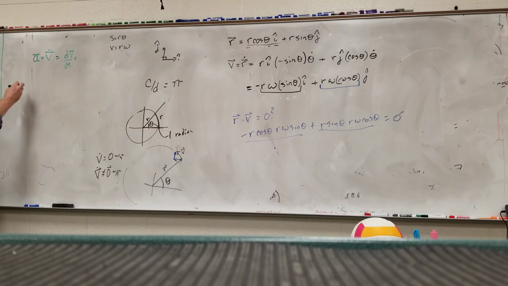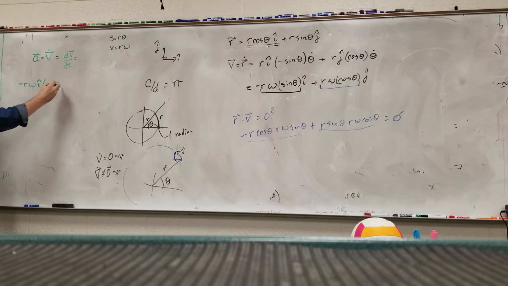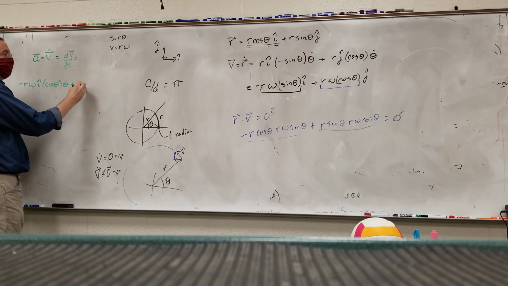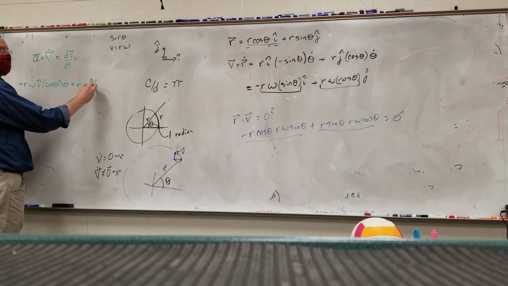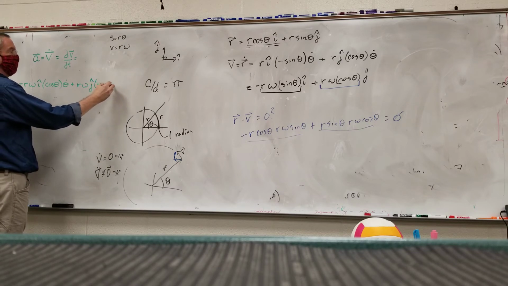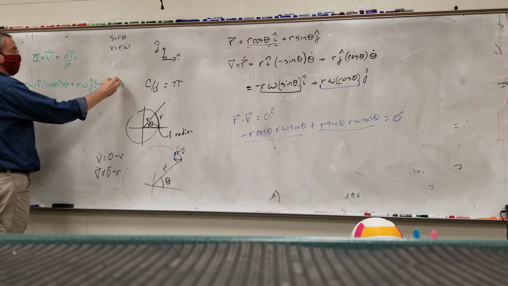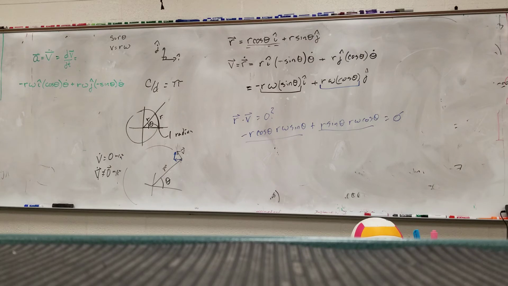So in our derivative, we've got negative r omega i hat times the derivative of sine, which is cosine theta, times theta dot, plus r omega j hat times the derivative of cosine, which is negative sine theta, times theta dot, again by the chain rule. There's my acceleration. Ugly looking, but we're going to make that nicer.